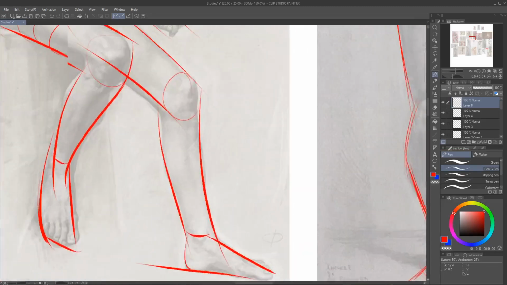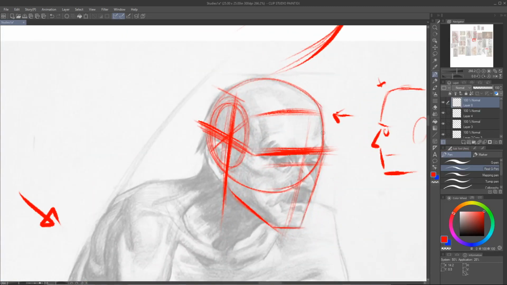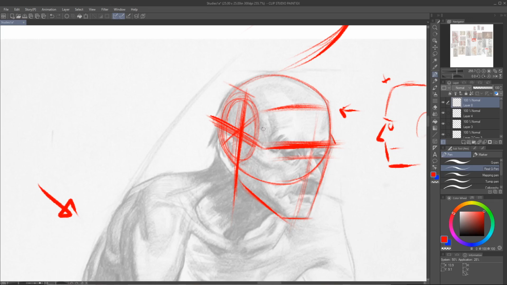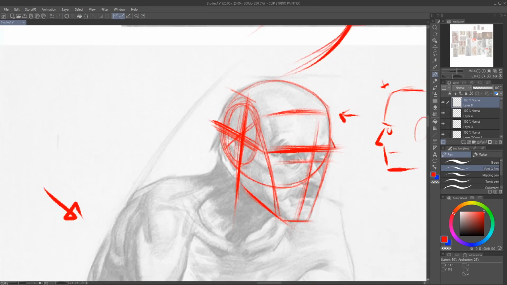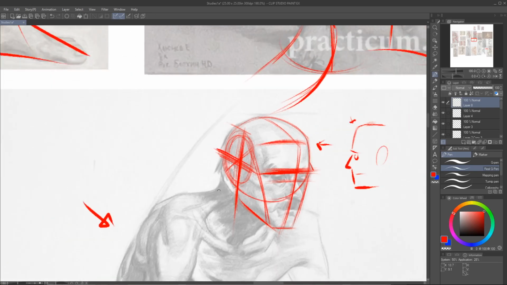It's usually pretty rounded. And of course, everyone's skull shape varies, but it's a point of simplification you can use for finding these simplified shapes of a head.